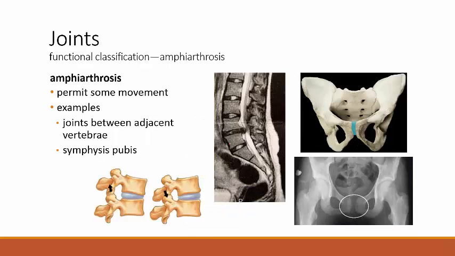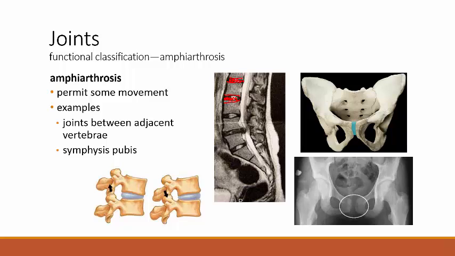Amphiarthroses permit some movement, and an example is the joints that we find between the adjacent vertebrae. So here's the body of the vertebra here in this X-ray, and then here's the cartilage pad that is on either side of that vertebra, creating its joint to either the vertebra below or the vertebra above.